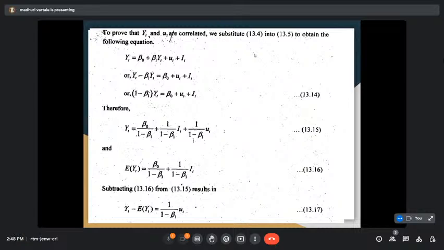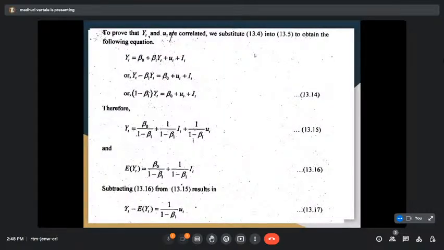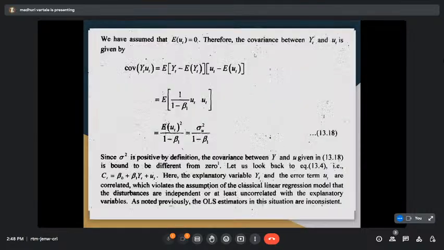That is the expected value of yt, that is beta 0 upon 1 minus beta 1 plus 1 upon 1 minus beta 1 into it. Subtracting this, we get yt minus the expectation of yt is equal to 1 upon 1 minus beta 1 ut. That is equation 13.17, where the covariance between yt and ut is given below.